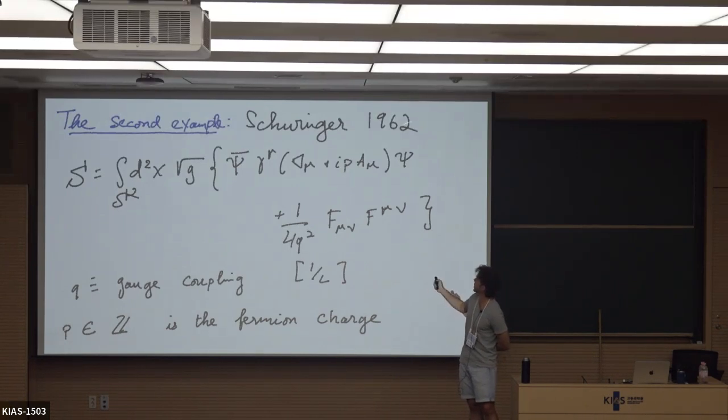And Schwinger in 1962 studied this model with P equals 1. Okay? But that doesn't stop us from having a fermion of charge 2 or 3 or 4. We're allowed to do that. And this number Q here is the gauge coupling. And the gauge coupling has dimensions of 1 over length. So this theory in the IR is strongly coupled.